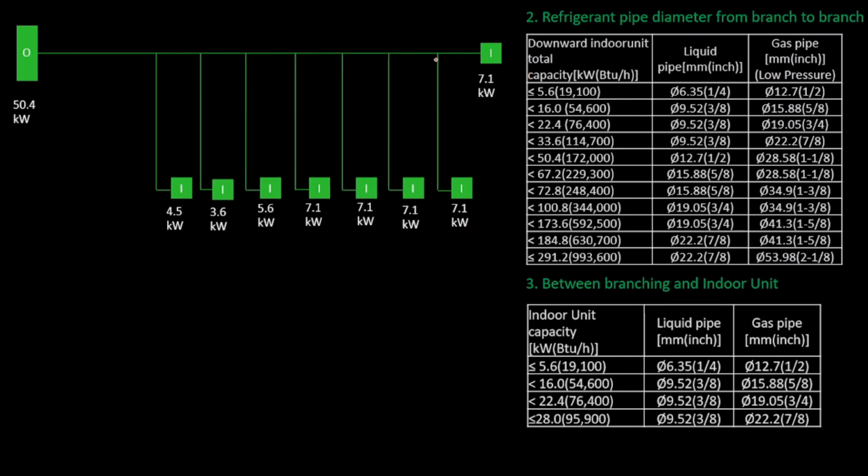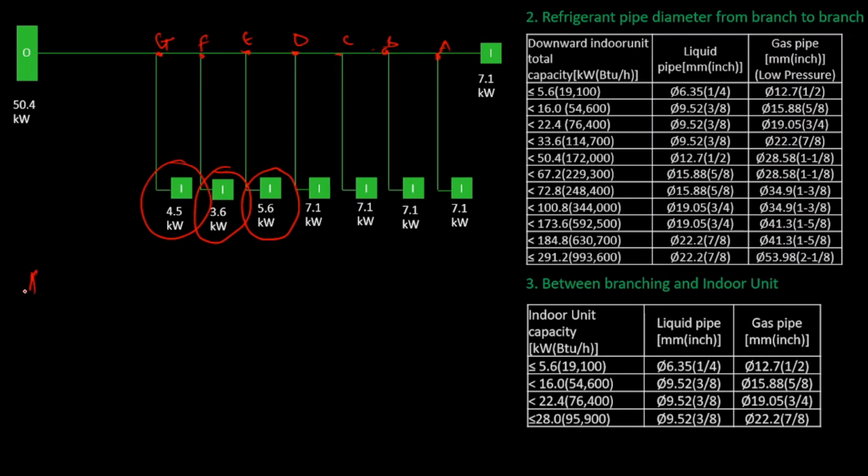Again, this is A, this is B, this is C, this is D, this is E, this is F, this is G. There's something again that I've observed. The indoor unit connected to branch E, and the indoor unit connected to branch F, and the indoor unit connected to branch G are all less than or equal to 5.6 kilowatts.